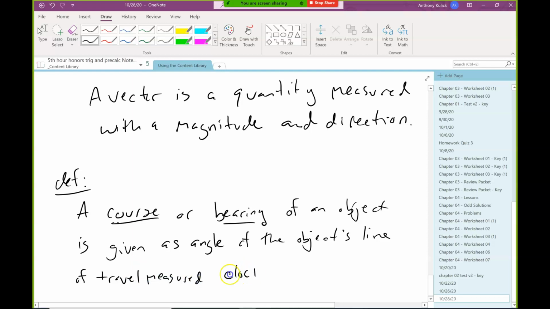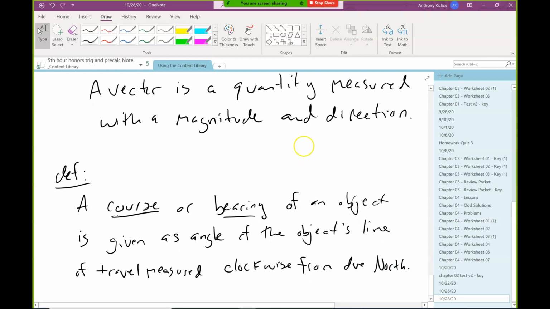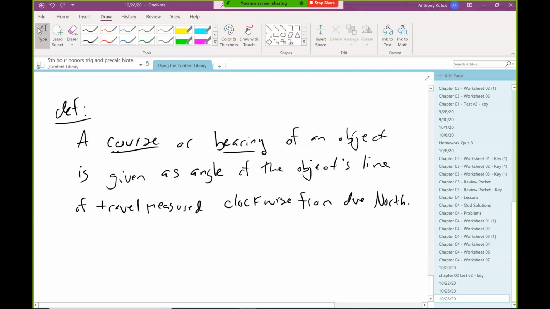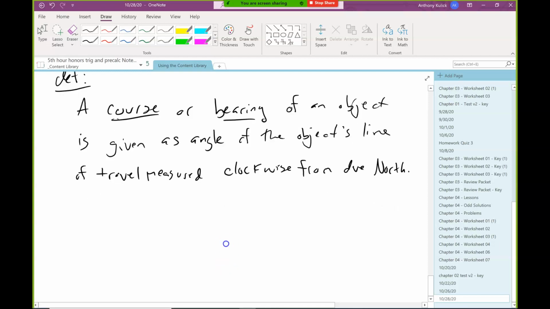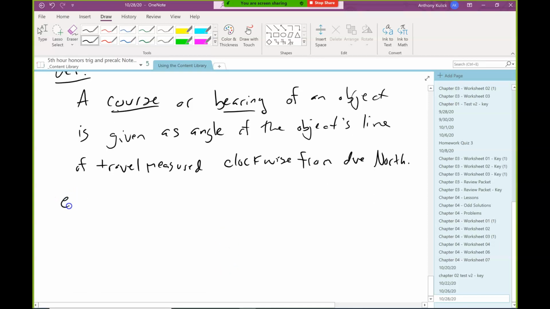So our course or bearing of an object is given as an angle of the object's line of travel measured clockwise from due north. So let's say that we have a bearing of 58 degrees.